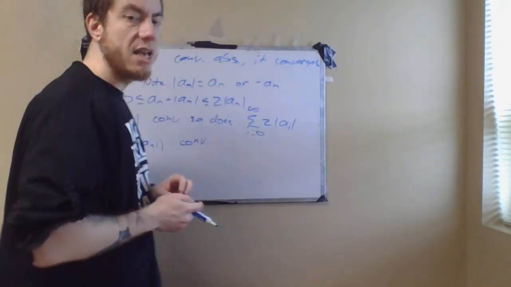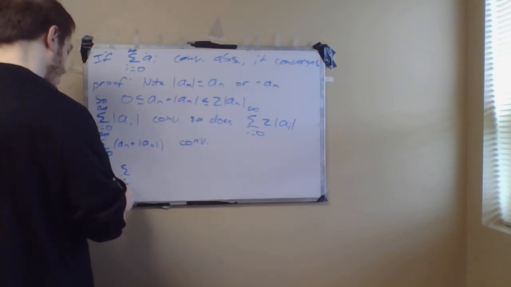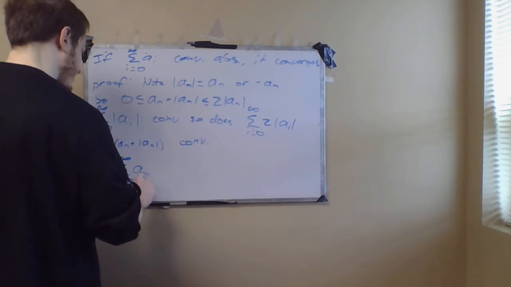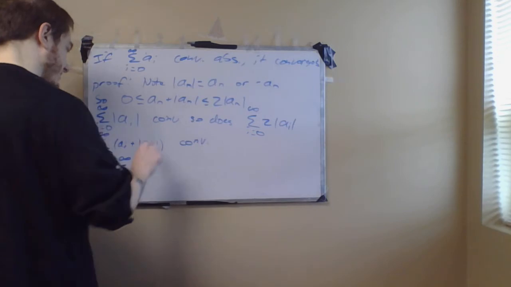But this means that we can write that the sum from i equals 0 to infinity of the a sub i's, I don't know why I keep writing an n. I think it's because in my notes I often have n's.